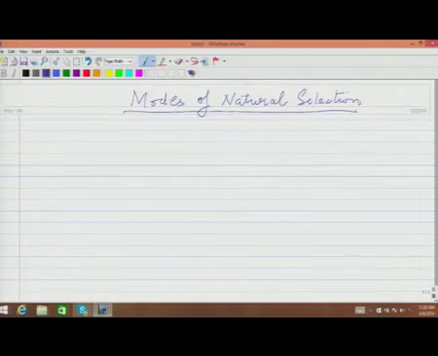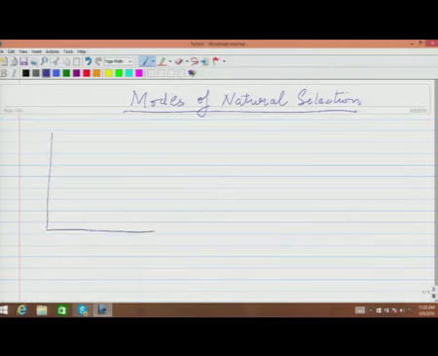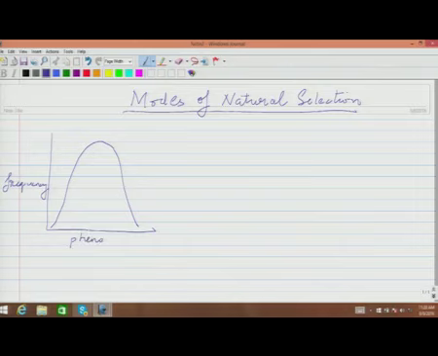So, with the help of this graph you can see the normal distribution curve of the frequency of occurrence of traits. Here is frequency, and the phenotype. It shows a normal distribution curve, the bell shaped curve.